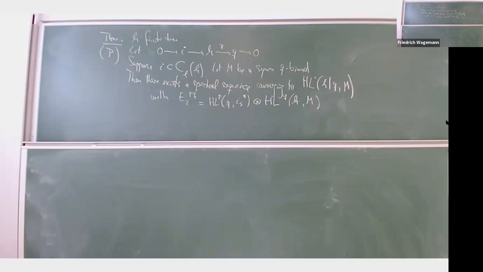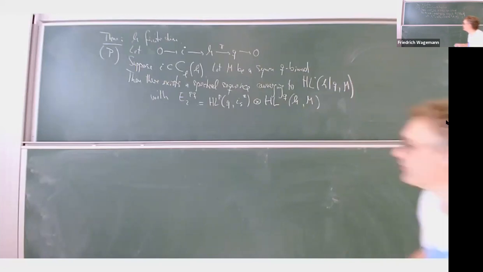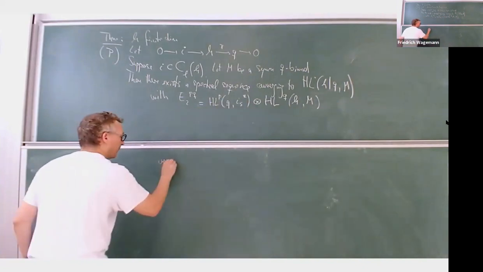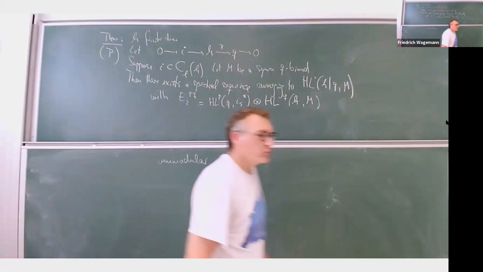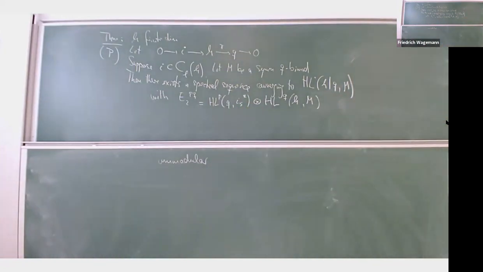For example, for unimodular Lie algebras, you have duality between homology and cohomology in some sense.